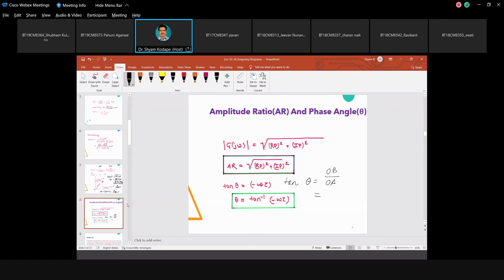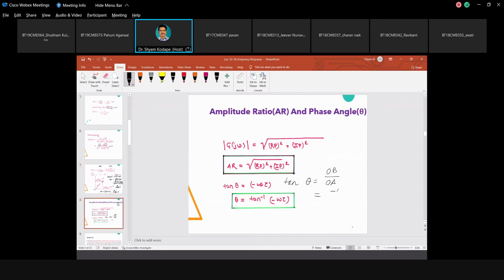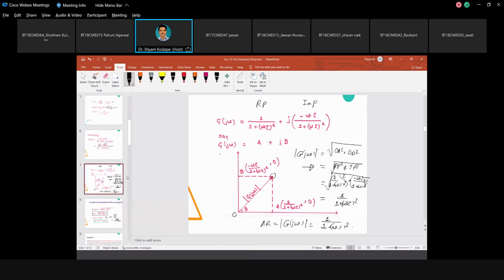What is OB? OB is nothing but minus omega tau upon 1 plus omega tau square, divided by OA. What is OA?